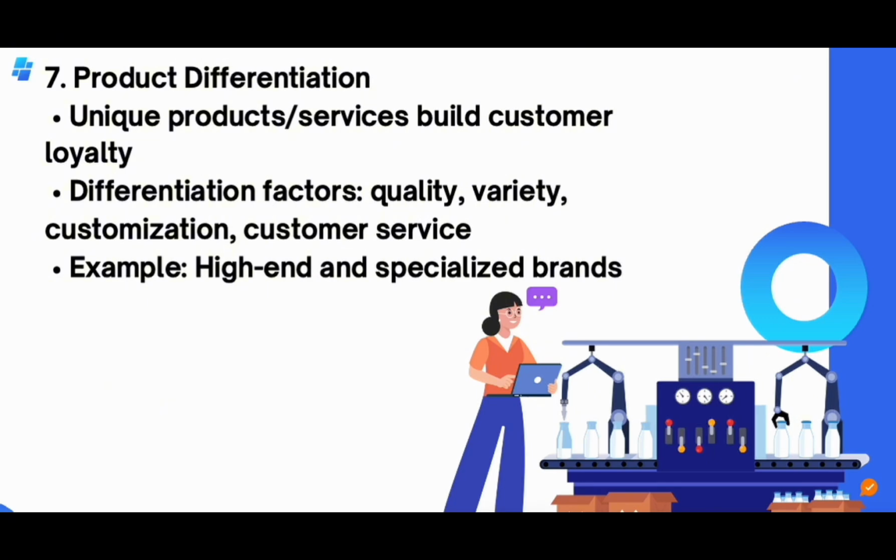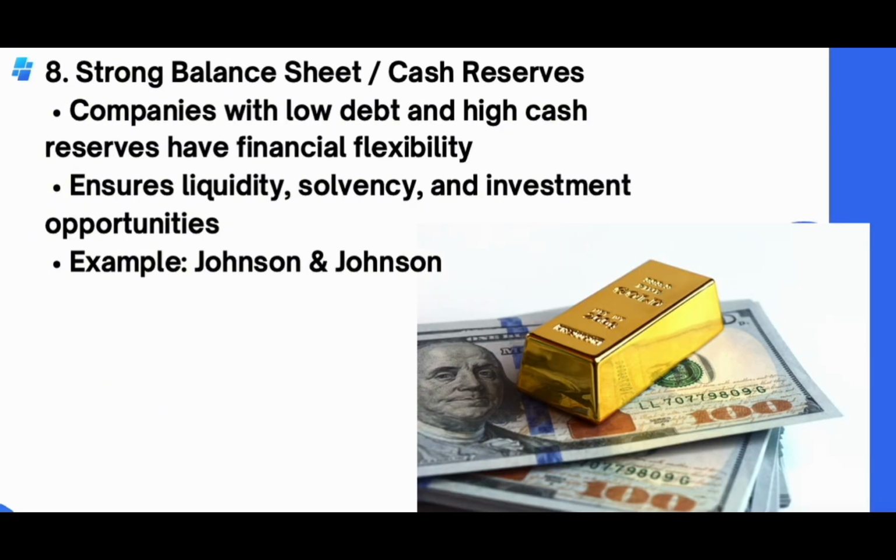And next is strong balance sheet or cash reserves. Companies with low debt or lots of cash have the flexibility to make opportunities or investments, no? And they never have a problem with access to working capital, liquidity, or solvency.